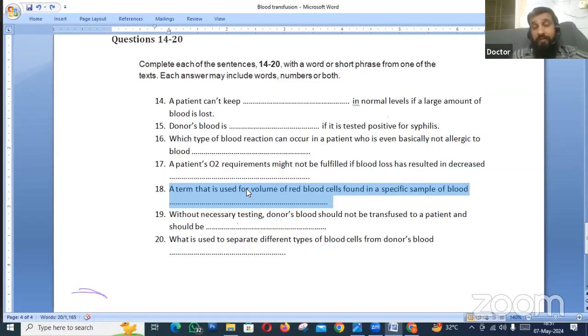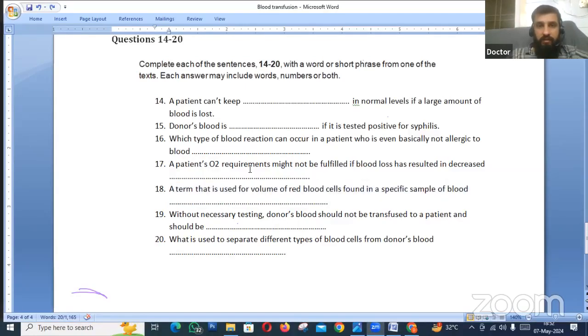Because you are getting very easy questions, know where you will find the answer. In which text? Yes, please. In which text can you find the answer?